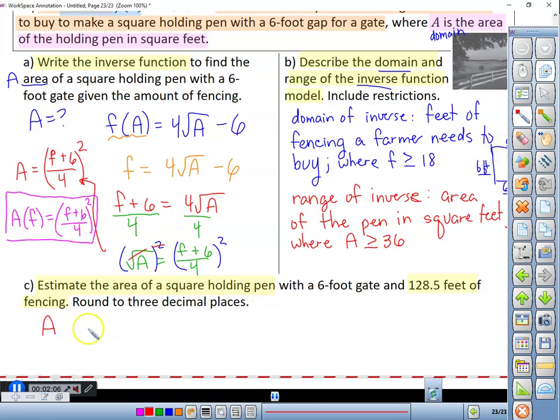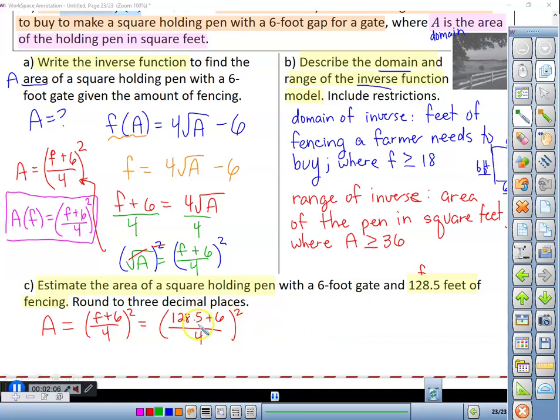So my area, A of F, would be equal to (F plus 6) divided by 4, quantity squared, and my F would be my 128.5. So this becomes (128.5 plus 6), all divided by 4, quantity squared. Here definitely a calculator would come in handy.